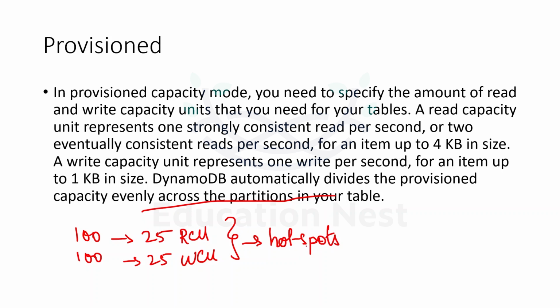By provisioning the right amount of capacity, you can ensure that DynamoDB can handle the expected traffic without experiencing throttling or any other performance issues. But that would not always be possible. I cannot always specify that I would always be using 25 RCUs, or say 100 RCUs and 100 WCUs. What if I am using less of these, or what if I want more?